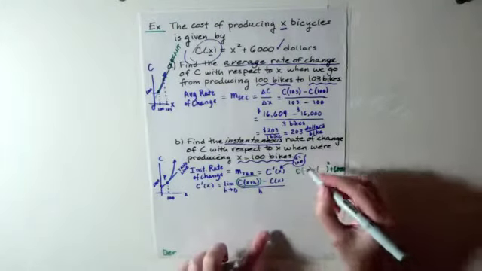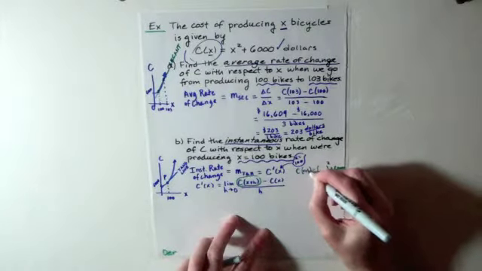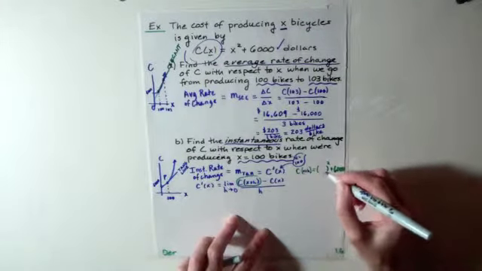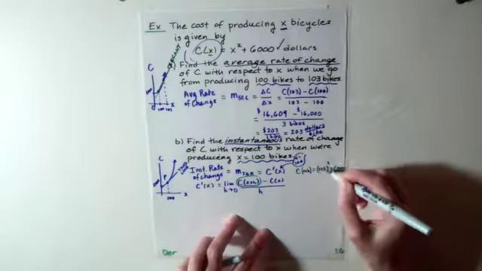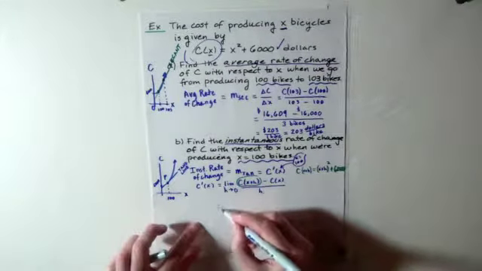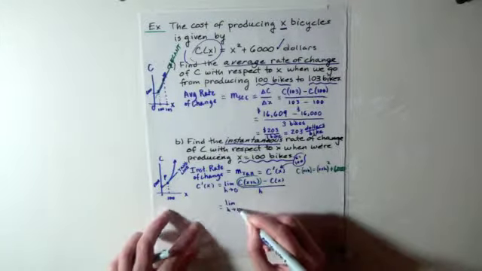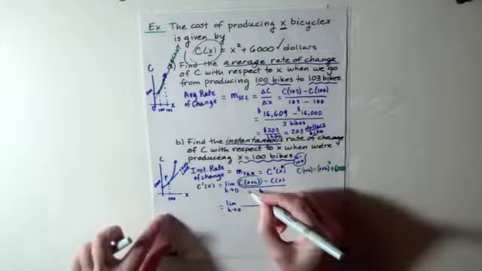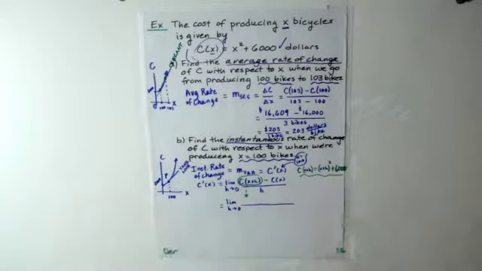Well, we're going to have to figure out then what this expression is for this particular function, and that means I want to plug into my empty parentheses an x plus h. So over here on the right hand side, c of x plus h would be x plus h, that quantity squared, plus 6,000. So when I go to rewriting what this expression is for this particular function, this c of x plus h here becomes exactly what I've written on the right.